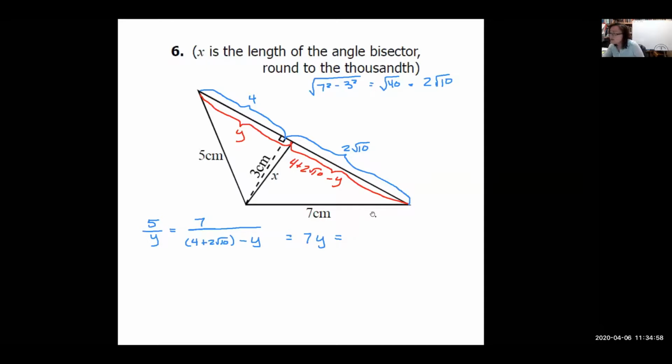So 5 times 10.32, let's carry it out to the 5, minus 5y. Then I'm going to do a little simplifying.